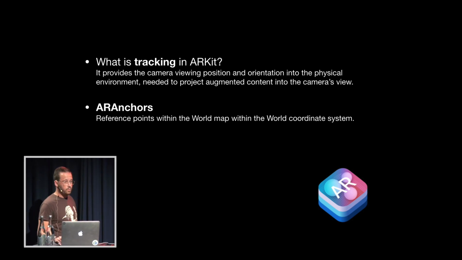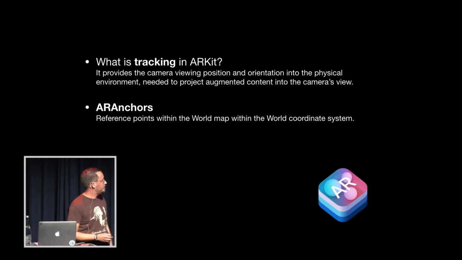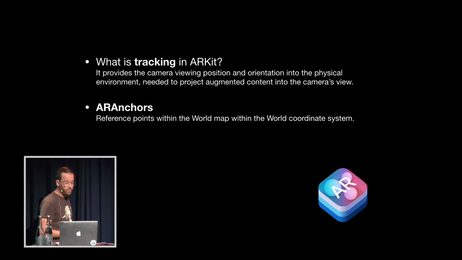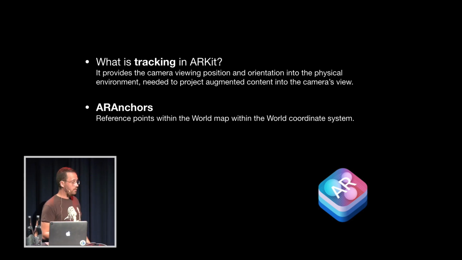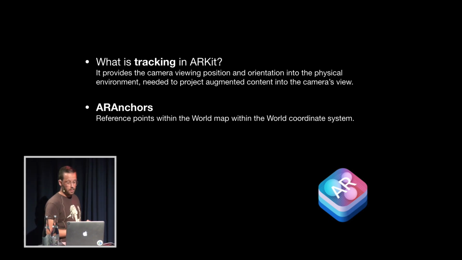The two most important things we're going to talk about today are tracking and anchors. The description says it provides the camera's viewing position and orientation in the physical world or environment, so we know where we are with the camera to place our virtual content.